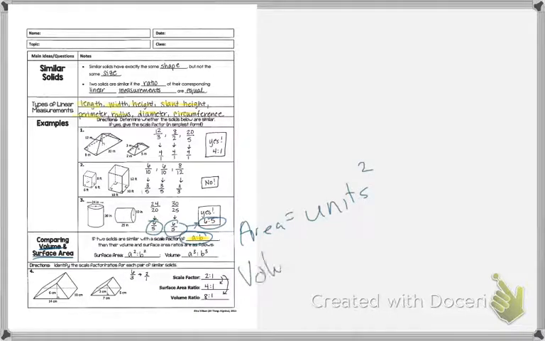Whenever we do volume, your units are cubed. So, if we're going to get the surface area and we're going to use the proportion or the ratio that's given to us, all we're going to do is square each. If we're going to get the volume, then we're going to cube, or to the power of 3 each.